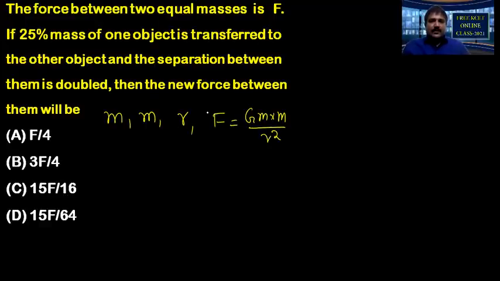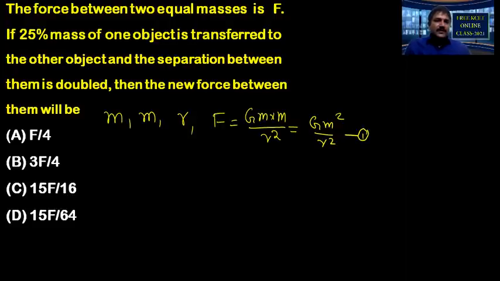This is the gravitational force of attraction between the two equal masses separated by distance R. So this is equal to G M square upon R square. Let it be equation 1.